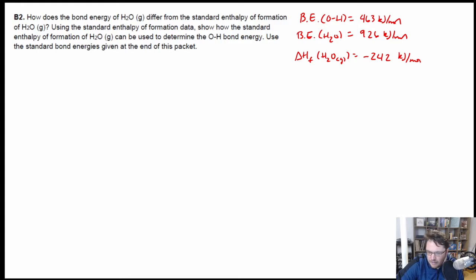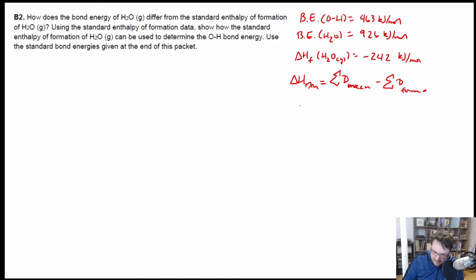Did I not include them here? Oh yeah, I did, right there. So you have two different equations. There's the delta H of reaction, where you have the bond energies, which we'll refer to as D, of the bonds that are broken, minus the bond energies of the bonds that are formed. That's how you get delta H reaction using bond energies.